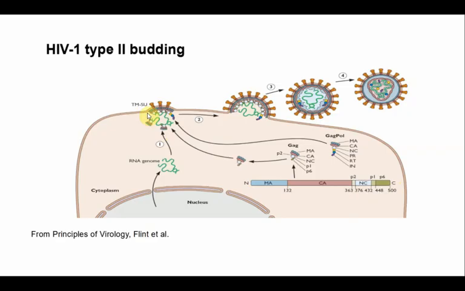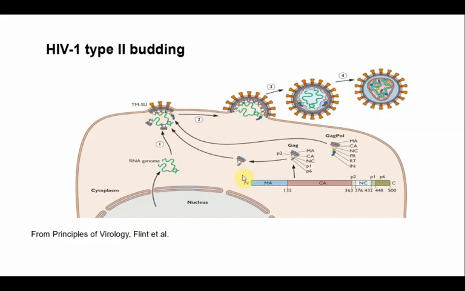So why does that happen? Well, the matrix protein has N-terminal myristoylation. So myristic acid is a fatty acid, so it's a post-translational modification that directs proteins to the internal face of the plasma membrane.